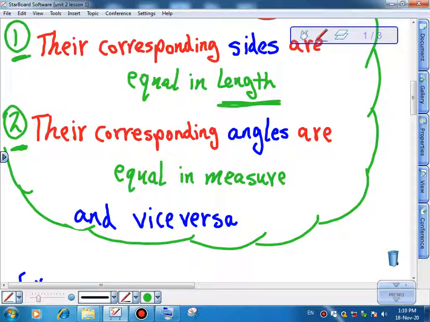This is the meaning of vice versa: the opposite is true.